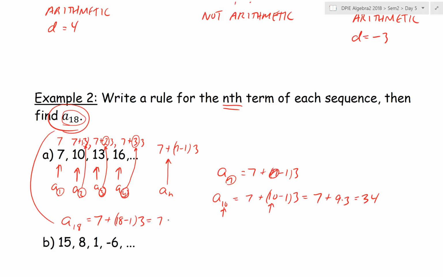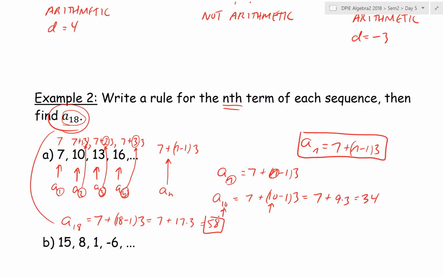So that's 7 plus 17 times 3, or 58. So the 18th term of this sequence is 58. So we have created our formula: a sub n equals 7 plus n minus 1 times 3.